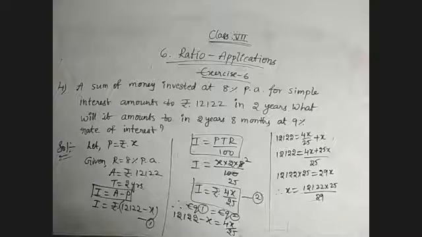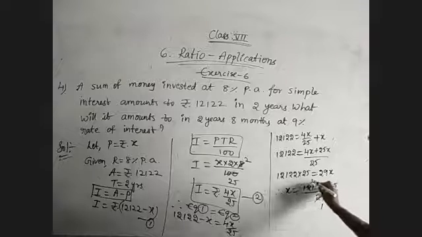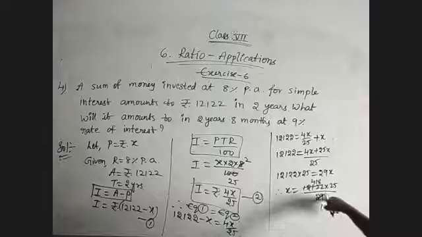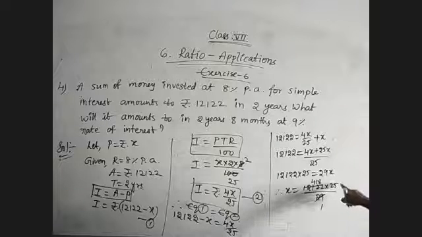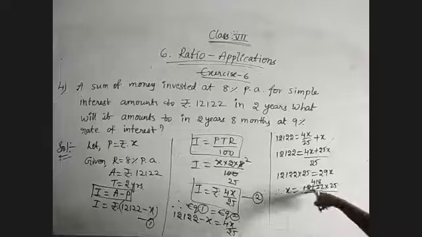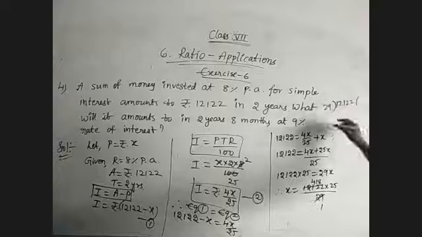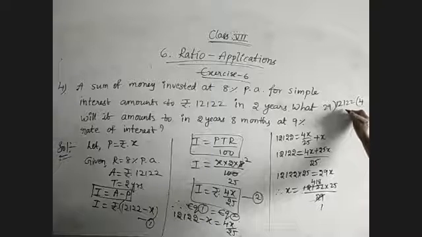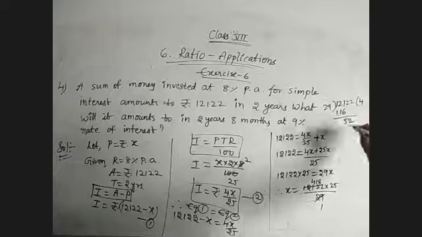Okay, do the cancellation. 29 is a prime number, so it will not cancel with another number. 29 and 25 will not get cancelled, so go through with the division. 29 fours are 116, 121 minus 116 is 5, and we take down 2.